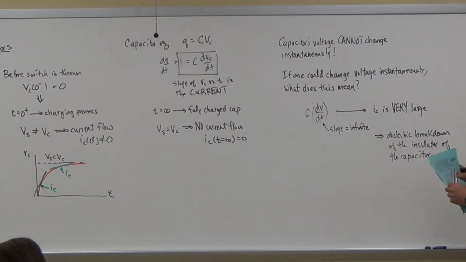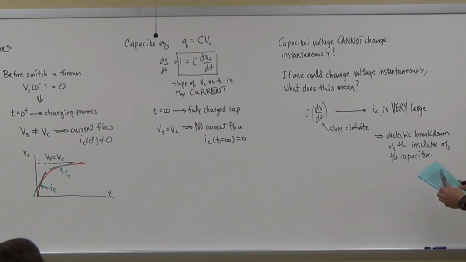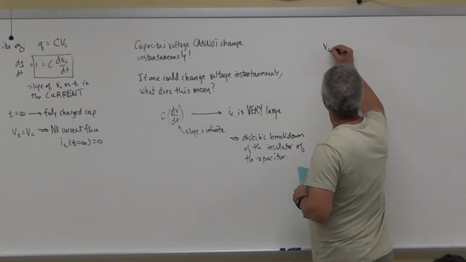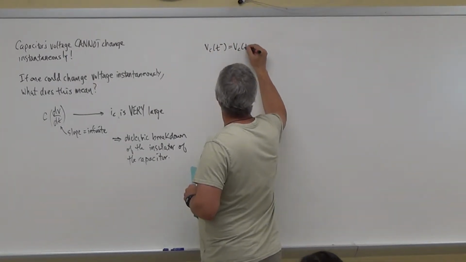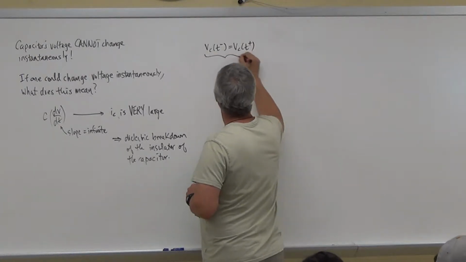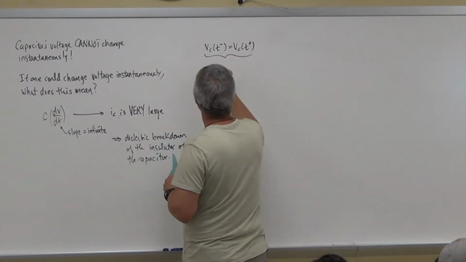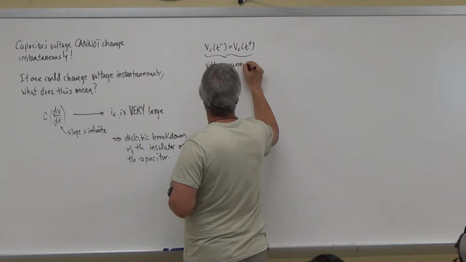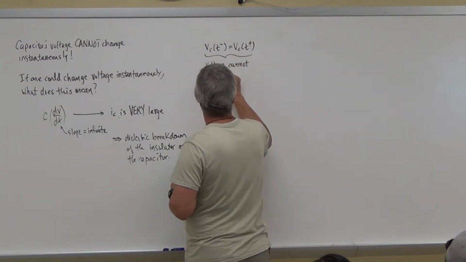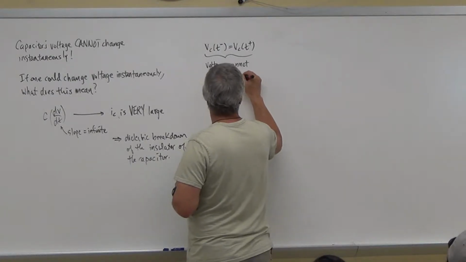So what we could say here is that there's one thing that we can say. If I look at the voltage of the capacitor before and the voltage of the capacitor afterwards, the voltage cannot change instantaneously.